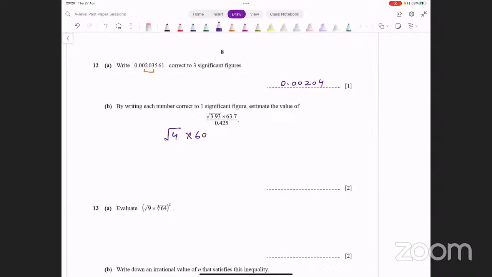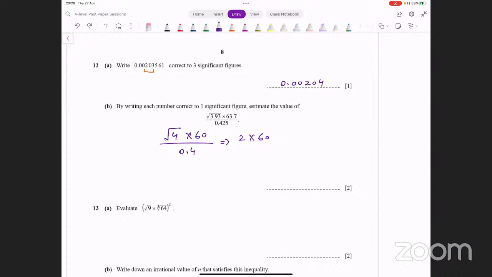All right. In the denominator, you have 0.425. Round that off to 1 significant figure as well, and that leaves you with 0.4. If you write this thing, that gives you 1 mark. Now you need to evaluate this and see what this turns out to be. How do we evaluate this? Square root of 4 evaluate कर लें. That is going to give you 2 into 60. ठीक है.